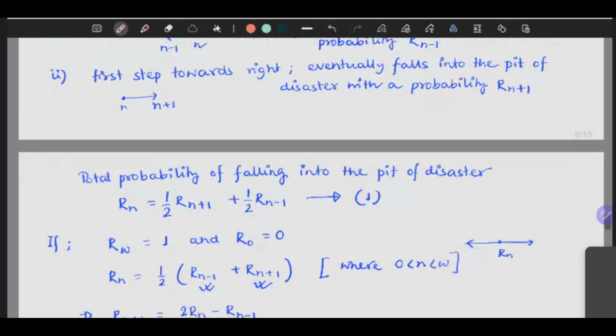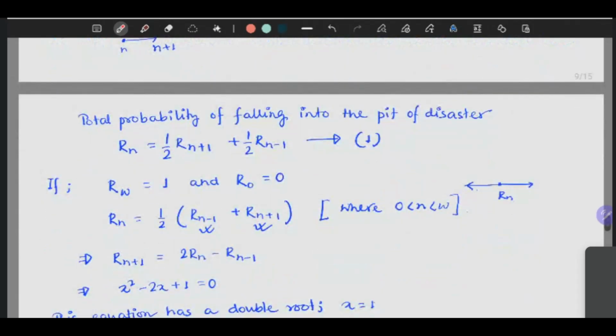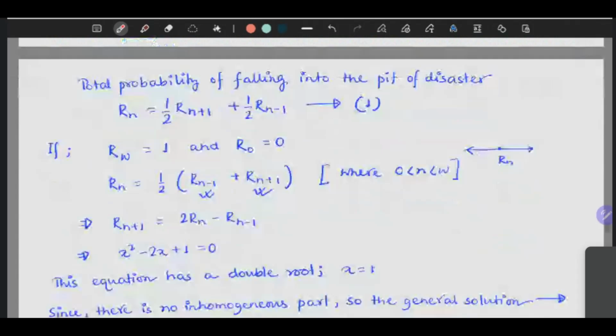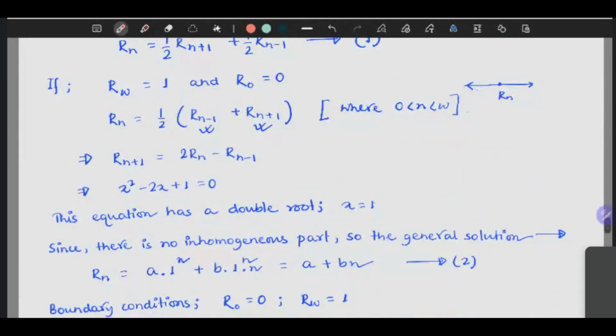This is a recursion relation, right? And if you solve this recursion relation, it comes out like this. So you need to solve the difference equation. The general solution will be a plus bn, right?